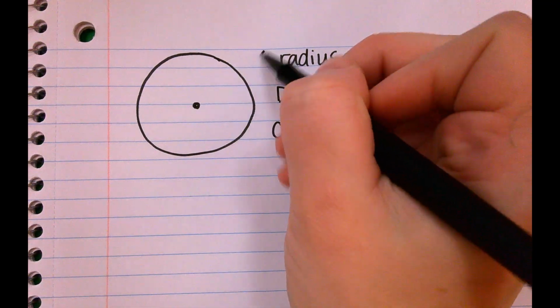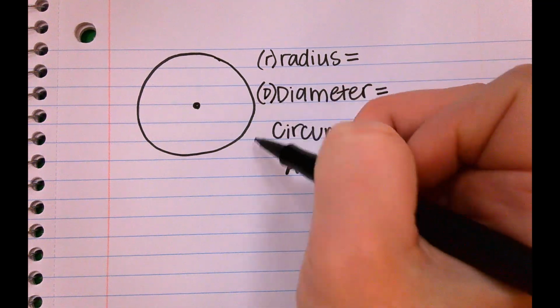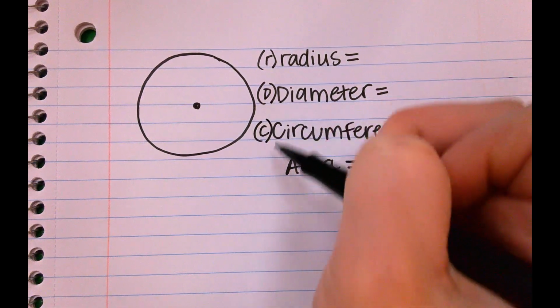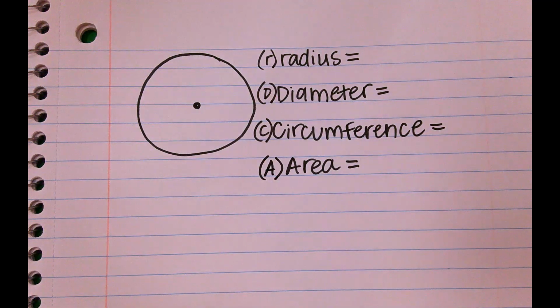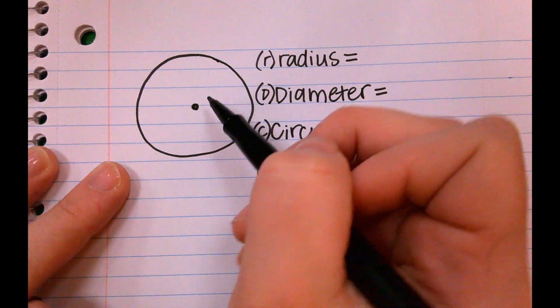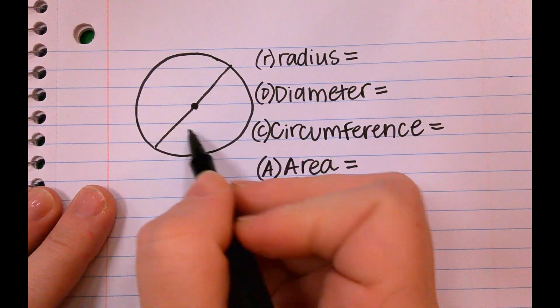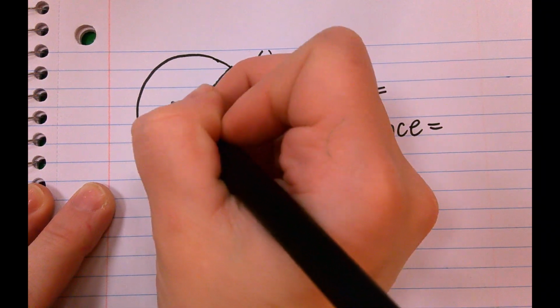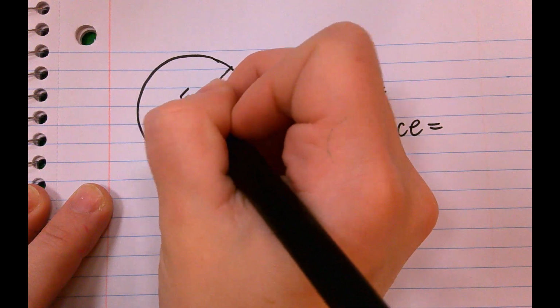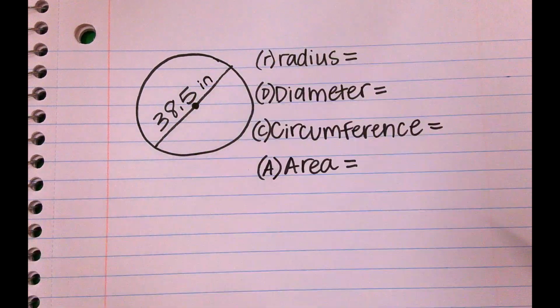So again, radius is lowercase r, diameter is capital D, circumference is capital C, and the area is capital A. And then I'm going to give you something like this. I'll say this is 38.5 inches.